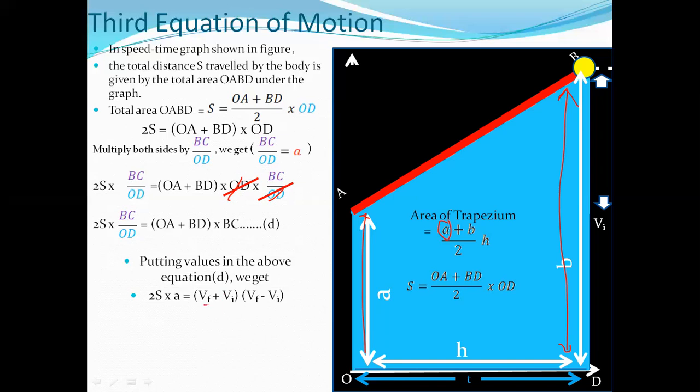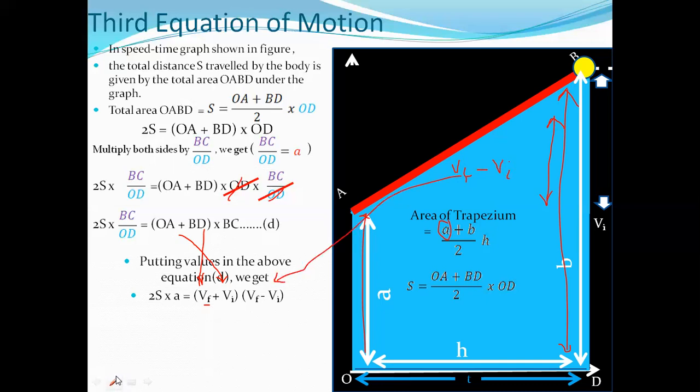So putting in the values, BD is Vf, and OA is the Vi part, and the last part is BC. And as we know, this part BC is basically Vf minus Vi. So we are putting the values of BC in this equation.